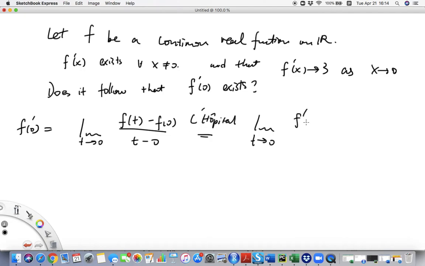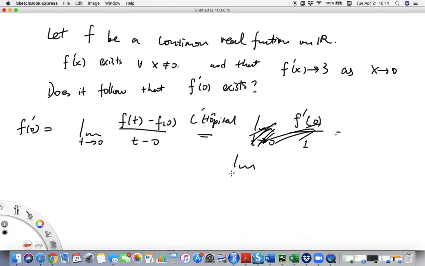F prime, well, by L'Hopital, this is f prime of t over 1, right? Derivative of t is 1. Well, okay. I should say this.